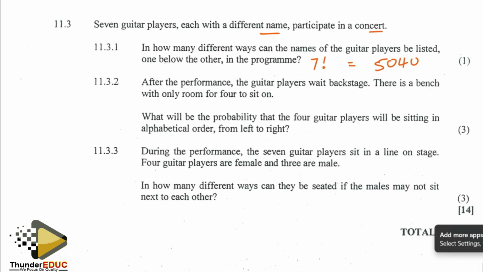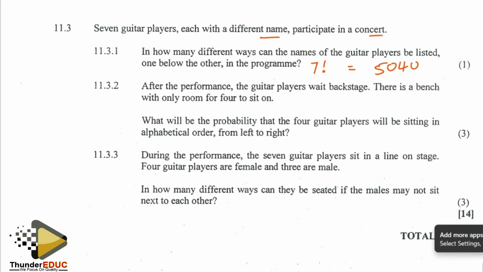11.3.2, they're telling us that after the performance, the guitar players wait backstage. There is a bench with only room for 4 people to sit on. What will be the probability that the 4 players will be sitting in alphabetical order from left to right? Okay, so besides the alphabetical order, let's just look at how many of the possible ways. So we shall have 7 times 6 times 5 times 4.